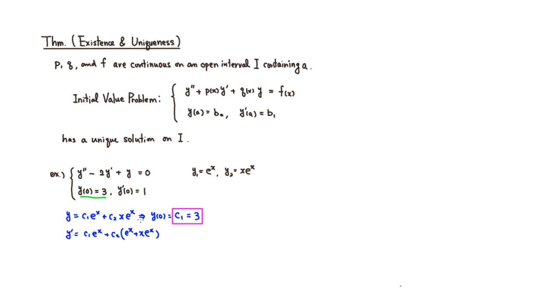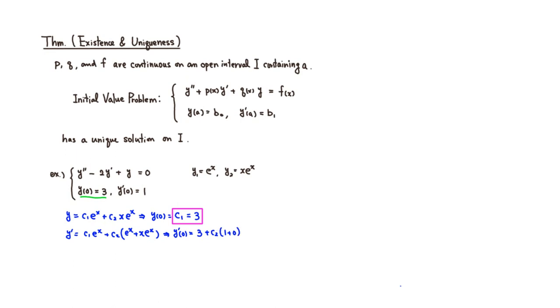Let's plug in 0 and see what happens. y prime of 0, so x equals 0. c1, which is 3, times e to the 0 is 1, so it's 3. Plus c2, and if you plug in 0, e to the 0 is 1, and 0 times the other term is 0, so plus 0. You don't have to write that, but you have that.